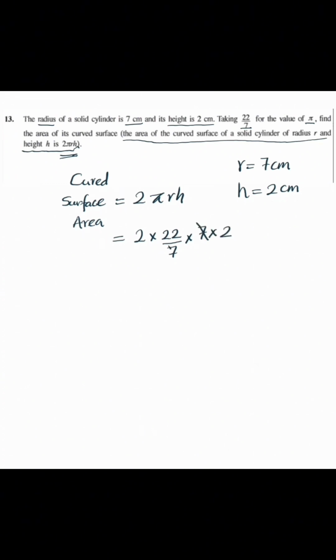Now this 7 and this 7 will cancel out. 22 times 2 is 44, 44 times 2 is 88. This is the area. Height and radius are measured in centimeters. Therefore, the unit will be square centimeters. This is the answer for the 13th question.